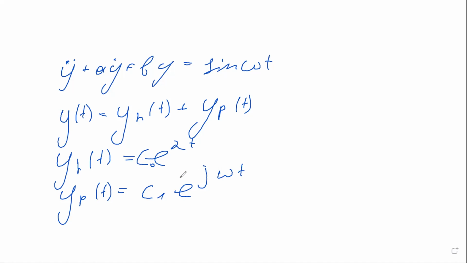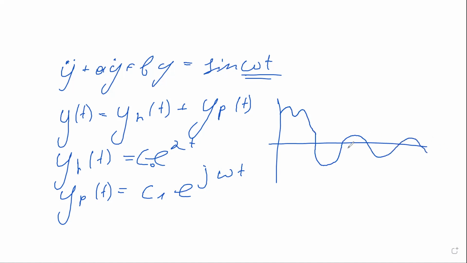But my point is that for sure, particular solution would have the same frequency here. Why? Well, it kind of makes sense that after transient process is over, your sine wave, your solution will have the same frequency as your input.